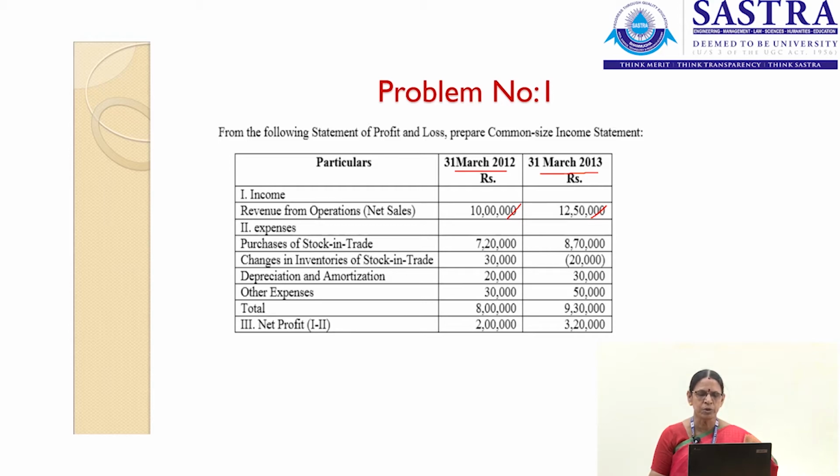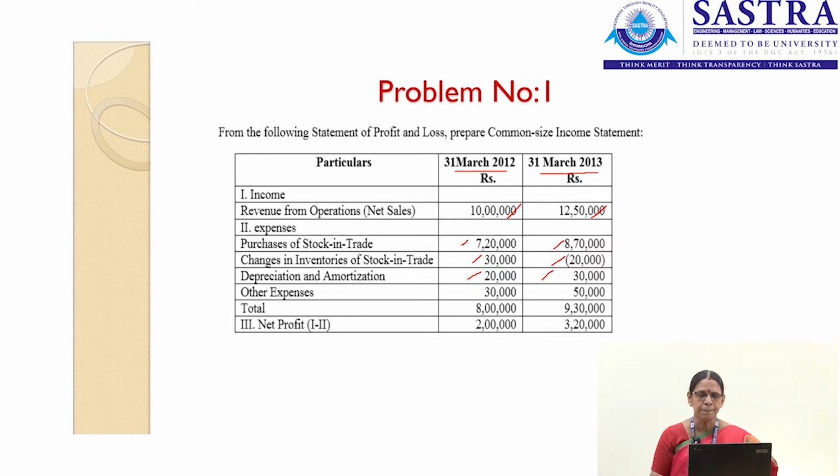purchases of stock in trade, that is 7 lakh 20,000 in 2012, 8,70,000 in 2013. Changes in the inventories of stock in trade, 30,000 for 2012 and 20,000 reduction in 2013. Depreciation and amortization, 20,000 in 2012, 30,000 in 2013.